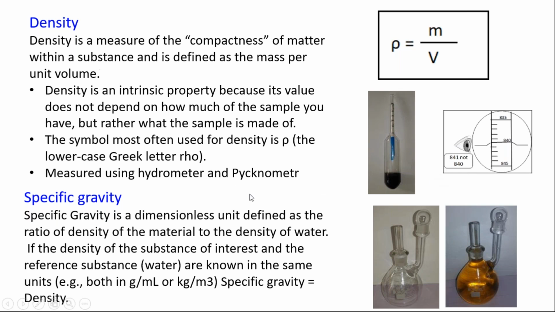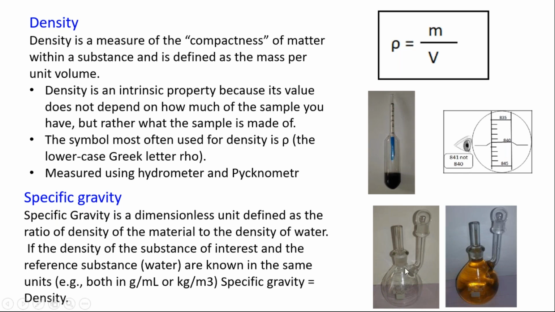You can also measure density and specific gravity by using a flask called the pycnometer. So the pycnometer is shown here. The advantage of using a pycnometer is that you can fill the liquid through this side arm, and the pycnometer is of a known volume.